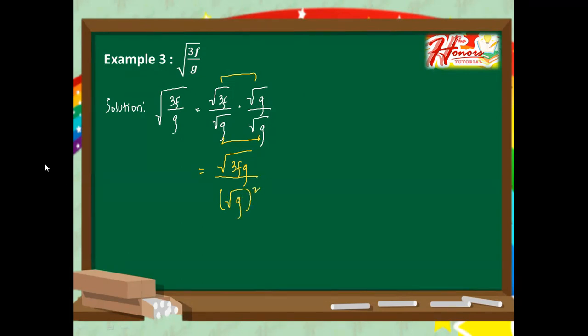And then again, since our index here is 2, though it is invisible, it is similar to our exponent outside the parentheses. So we can just cancel this out. And then our remaining for the denominator is g. For the numerator, that is square root of 3fg. And this is the final answer. Square root of 3fg over g.